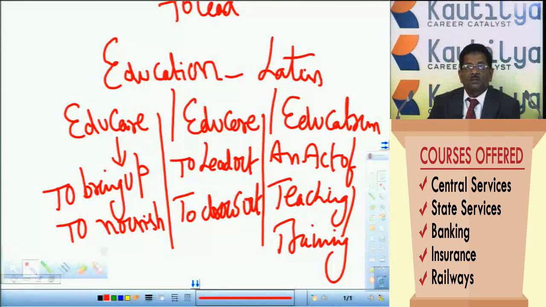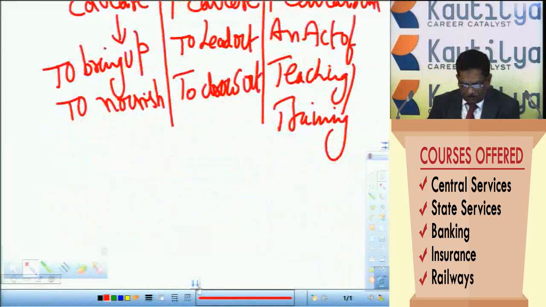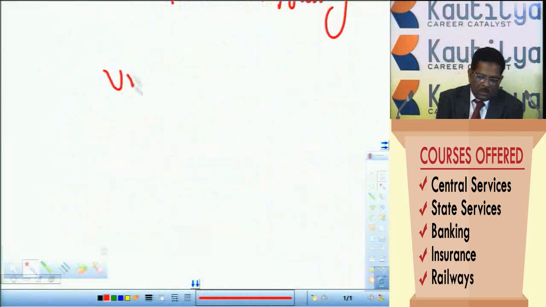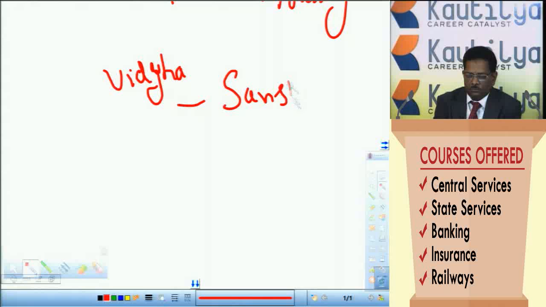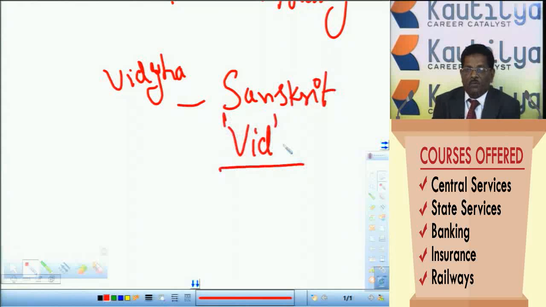And one more concept is also there: education, what we call Vidya in Telugu, has derived from a Sanskrit word, vid, which means knowledge.